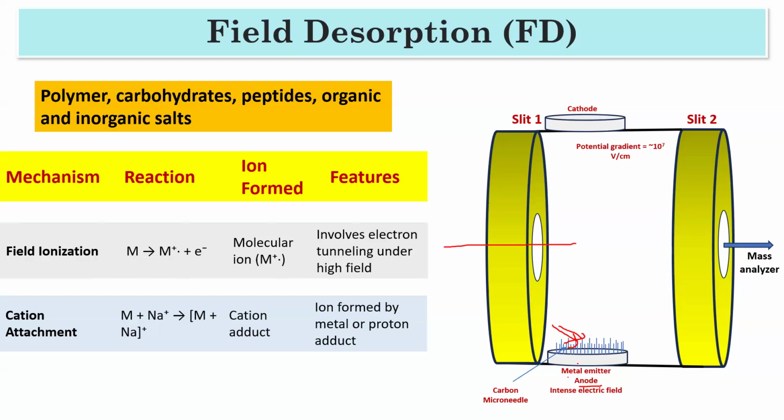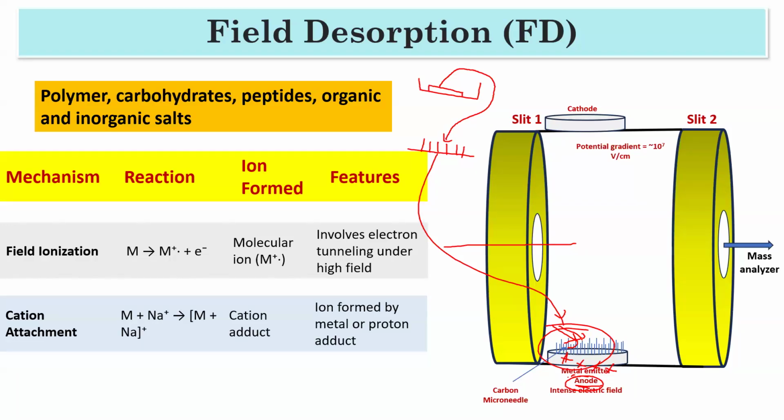Quantum tunneling. Suppose you have some sample in your petri dish, and you have this metal plate, which you take out from your mass spectrometer, and it has a lot of sharp needles. You take a little bit of the sample and put it here. When you put this plate inside your mass spectrometer and start analyzing your sample, you apply this voltage, a very high positive voltage.